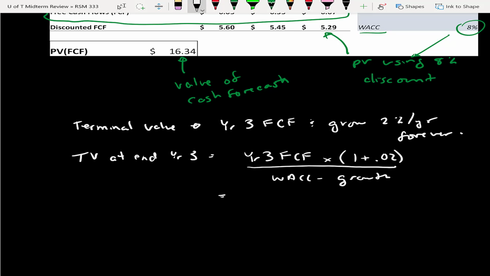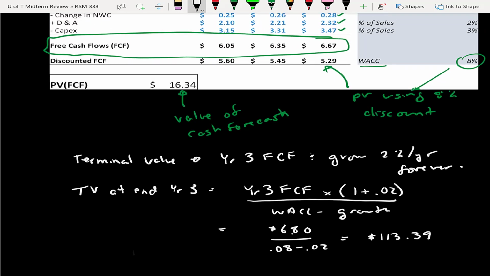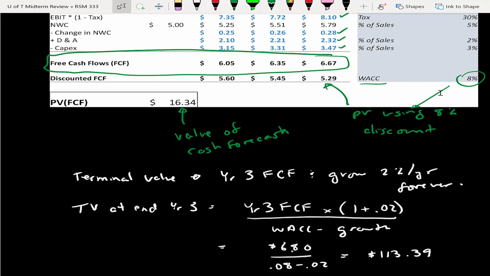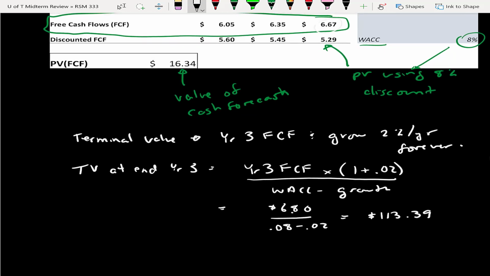And that works out to 680 divided by the WACC was 8% and the growth rate is given as 2. So it works out to 113.39. Okay, so just to clarify, this growth rate was based on the year 3 number of 667, and that's going to be the value of the company at the end of year 3.